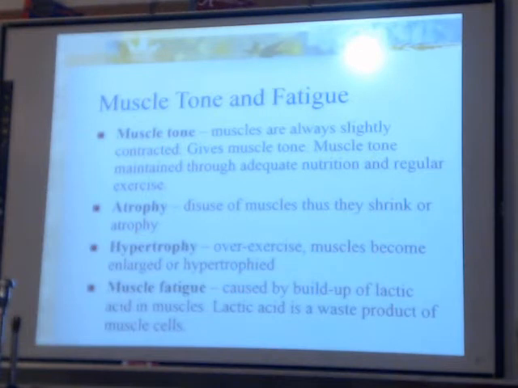If any of you know anybody who pitches baseball or softball, look at their pitching arm. The bicep and the tricep on their pitching arm are probably going to be bigger than on their non-pitching arm. So look at that, because that's where you're going to see hypertrophy, an uneven muscle size due to use.